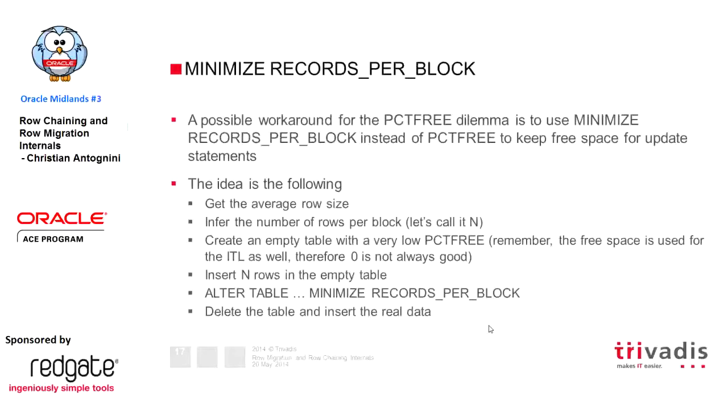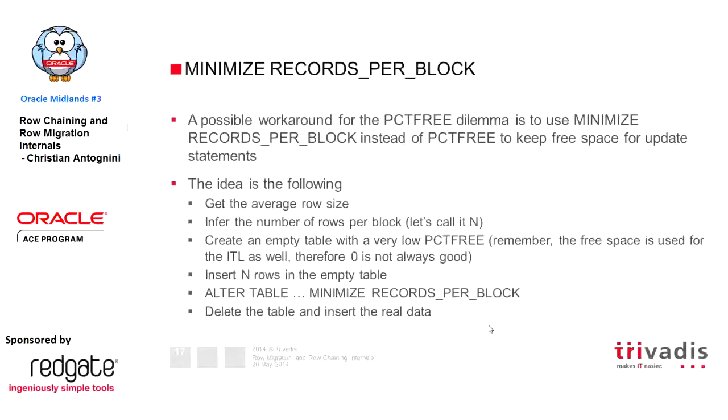The PCTFREE, by the way, you can also put to 0 because it's no longer relevant if you did your estimation correctly. And the good part of this way of doing it is that when you insert rows and the rows are small, they will leave a lot of free space inside the block because more than 20 rows cannot fit in this block. But when you insert rows which are large, it doesn't matter, if there is enough space, they will be stored in it.